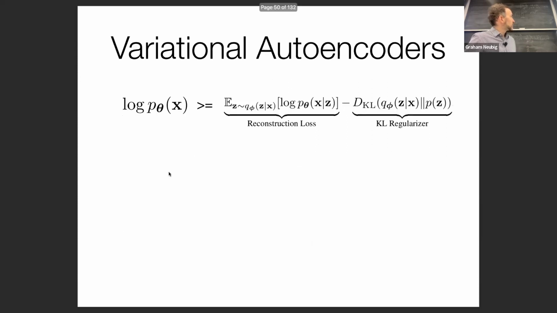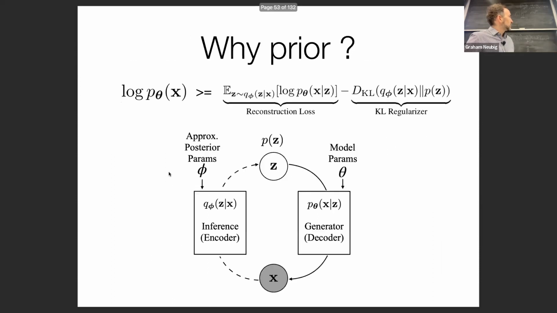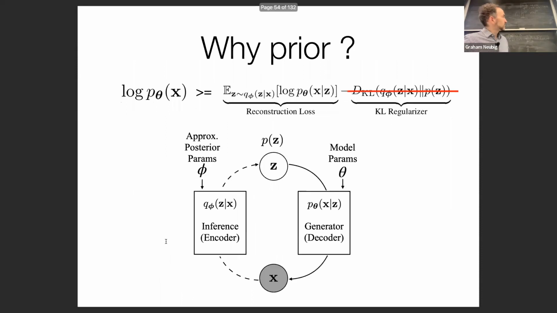So maybe I'll just skip over these two things. Like I said before, this can kind of be viewed as a regularized autoencoder, and a normal non-variational autoencoder could also do something similar.